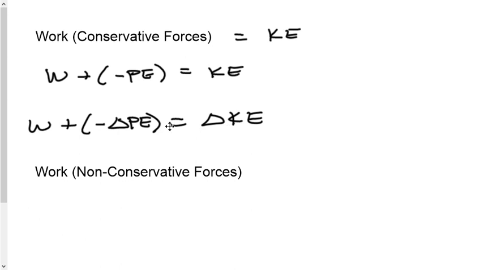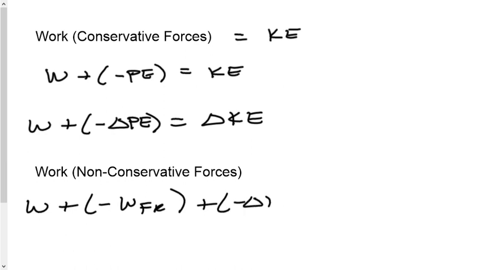How does this equation change when we've got non-conservative forces, which means work of friction? This is going to be the work done plus negative work of friction, remember, that's like our thermal energy, and again plus negative change in potential energy. And this is going to equal the change in kinetic energy. So work of friction will never be positive. It always takes away energy from kinetic energy.